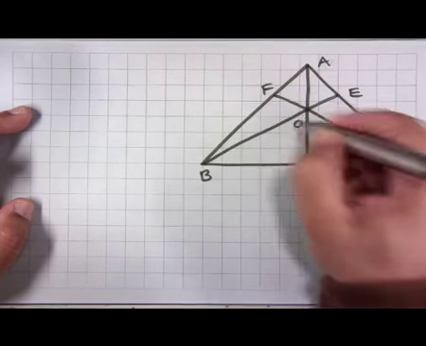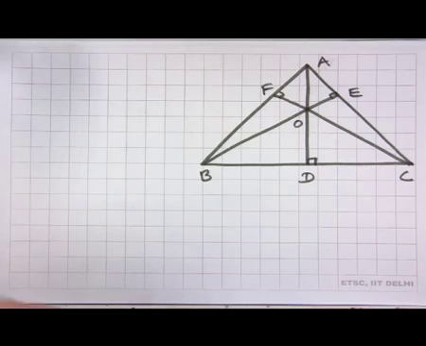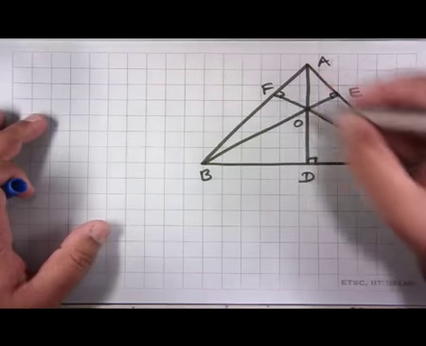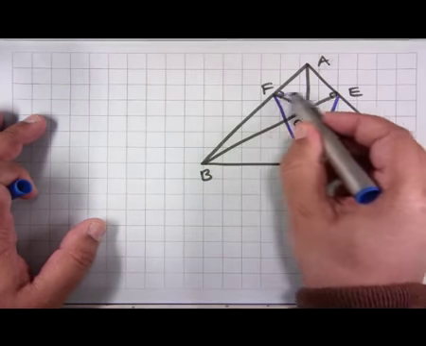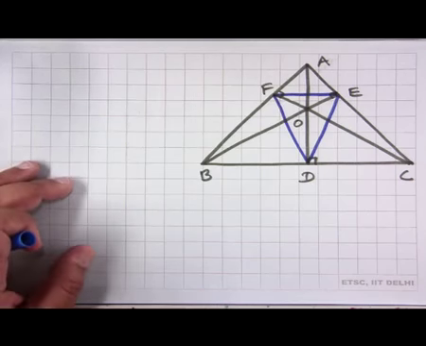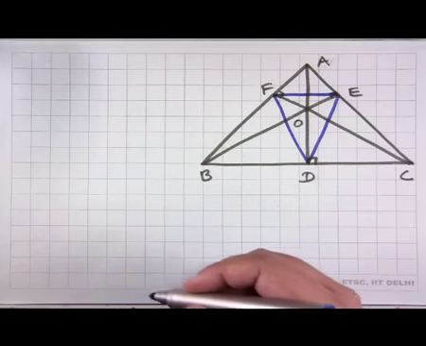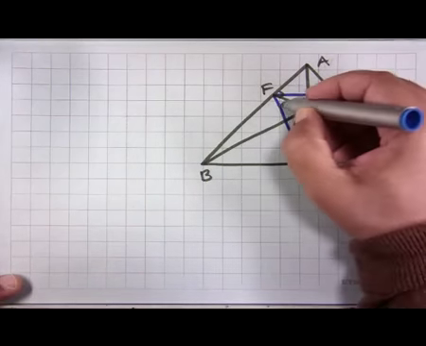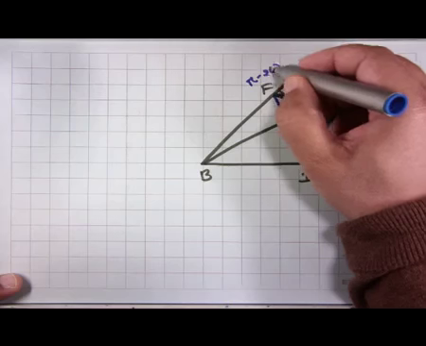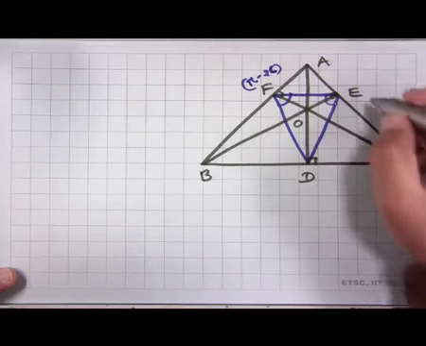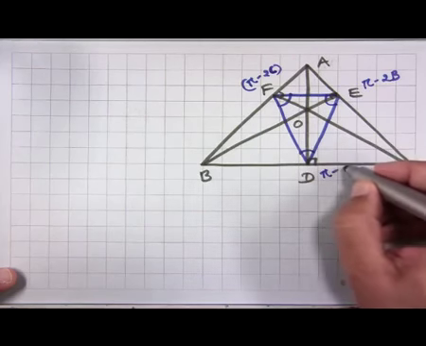So, this is the orthocenter, these are the three perpendiculars, and by joining the petals D, E and F, we end up getting the petal triangle, which I have drawn in blue. And just now what we showed was that this particular angle here is pi minus 2C, this angle is pi minus 2B, and this angle is pi minus 2A.